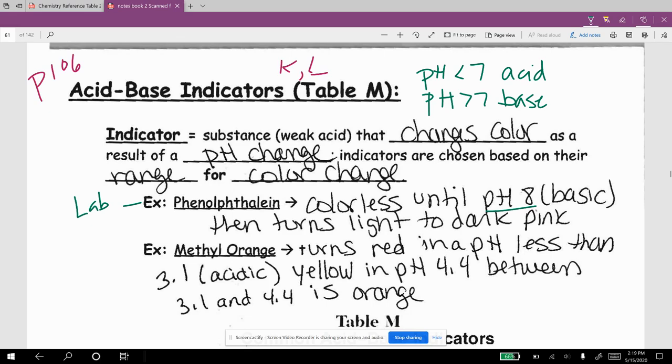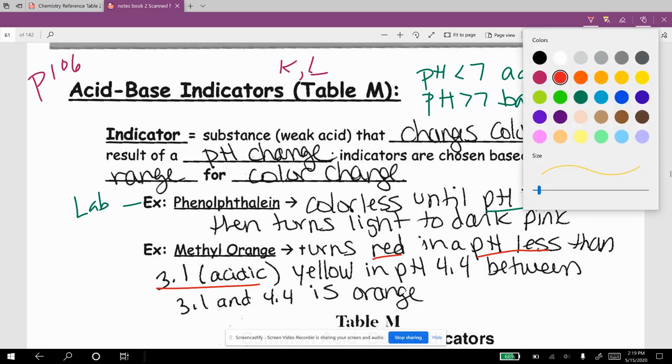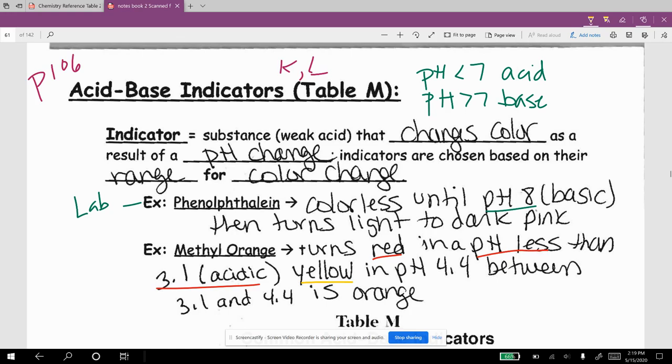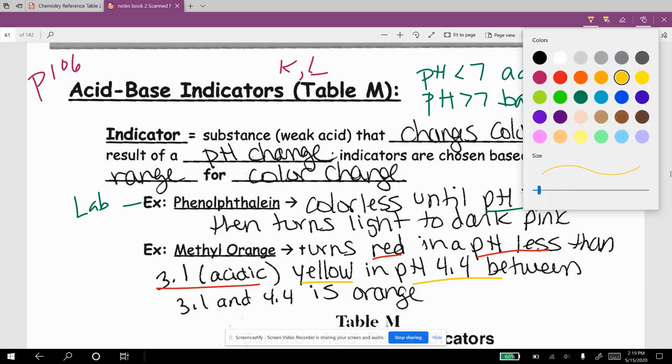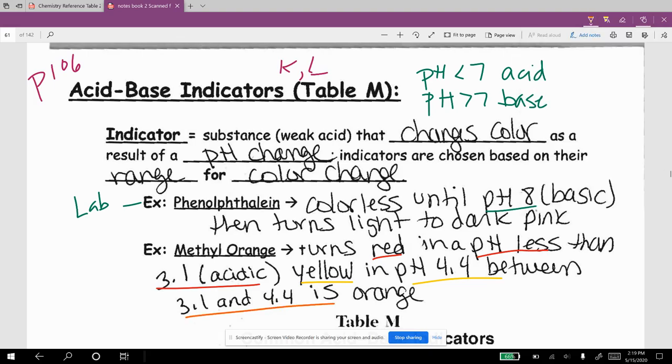And then there's another indicator called methyl orange. And now this indicator is going to turn red if it has a pH of less than 3.1. And it's going to turn yellow above a pH of 4. And then if I'm having between a pH of 3.1 and 4.4, this indicator would be orange, which is what happens when you mix red and yellow.